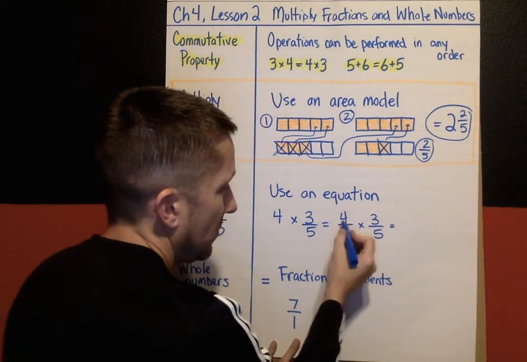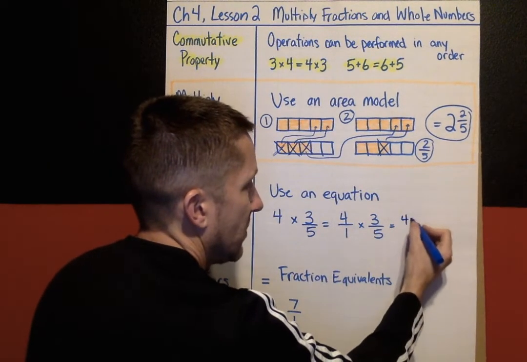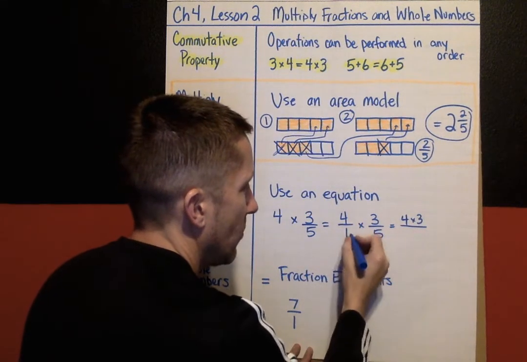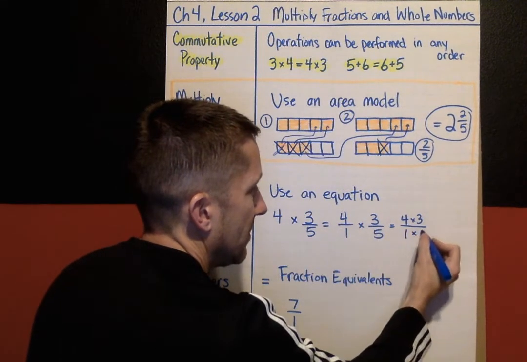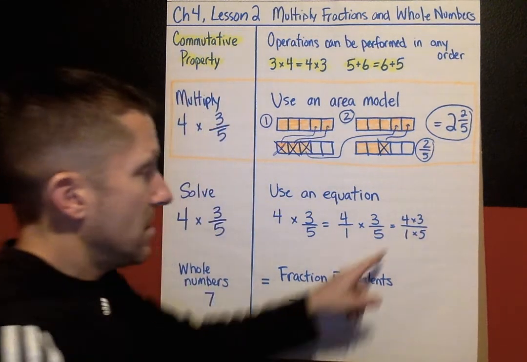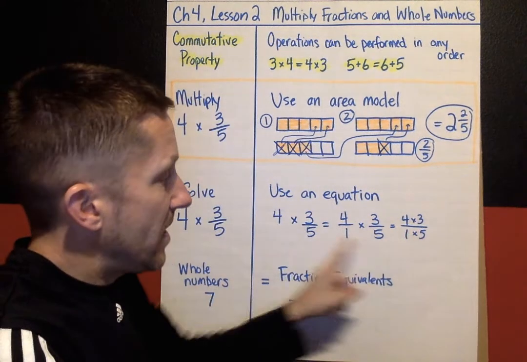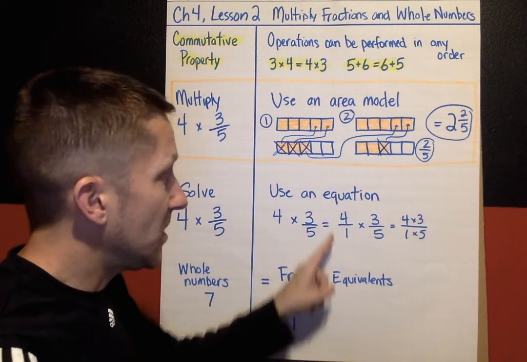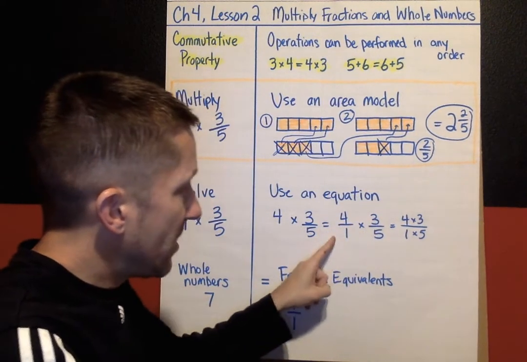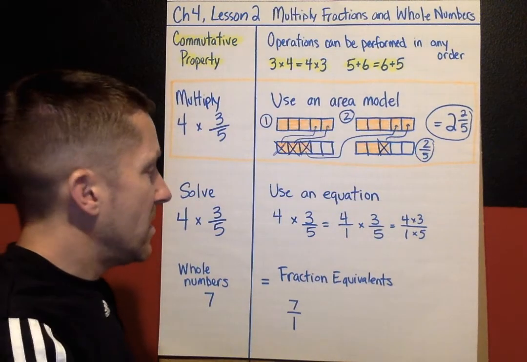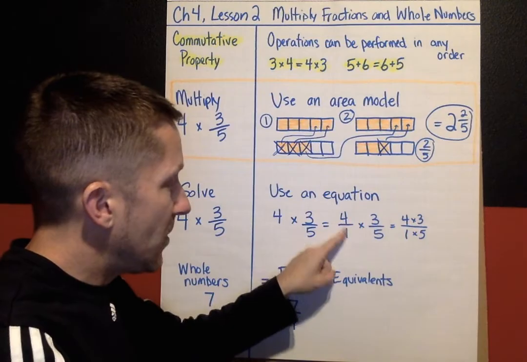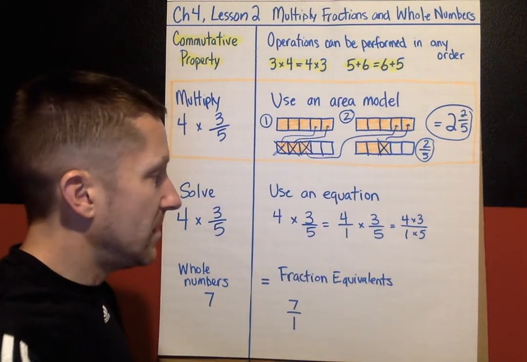That's it. So 4 times 3, my two numerators, over 1 times 5. That's how I solve multiplying fractions and whole numbers using an equation. Numerator times numerator, denominator times denominator. If you have a whole number, you make it into a fraction by putting that number over 1.